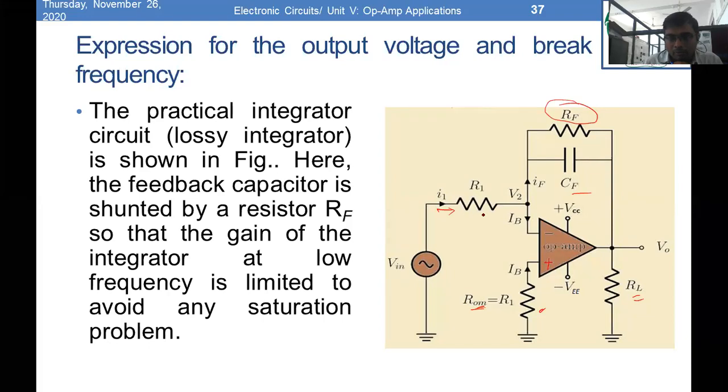I1 is flowing through R1. When it reaches the node at V2, it would be divided into two parts, IB and IF. But as IB is 0 because of the very high open loop gain and high input impedance of the op-amp, the whole I1 would be diverted to IF through the feedback network.